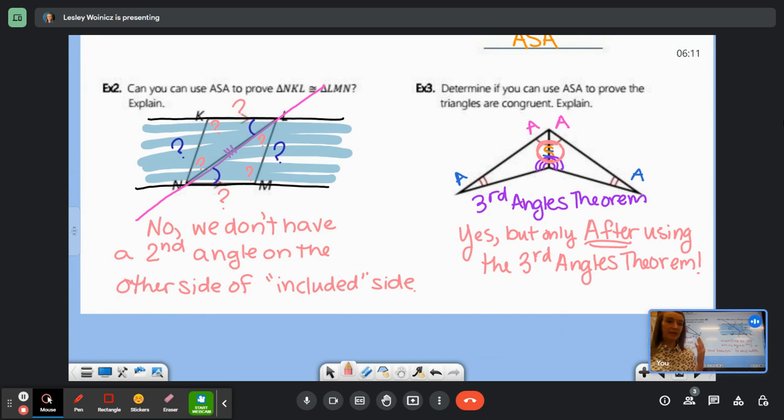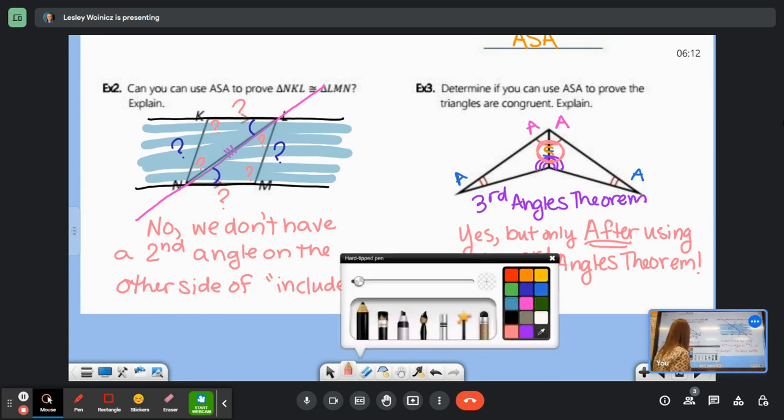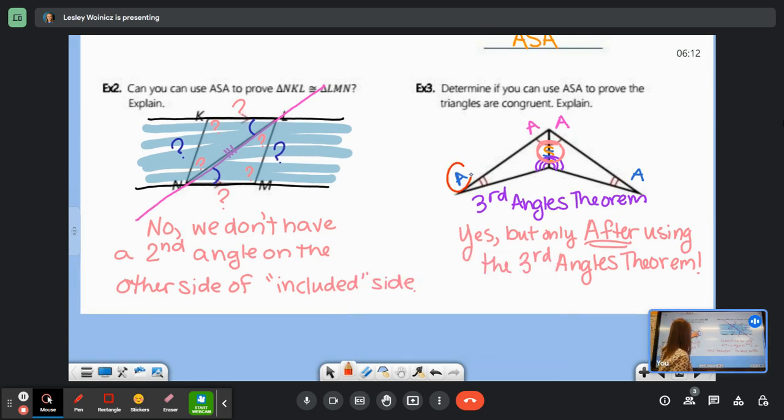So that little example brings us to our next congruent shortcut. It's not a postulate like side, side, side, side, angle, side, or angle, side, angle. It is a theorem, and the proof lies in what we just did with the third angles theorem. It is called angle, angle, side. And remember that that is what we had at the beginning. We had an angle, angle, and a side.